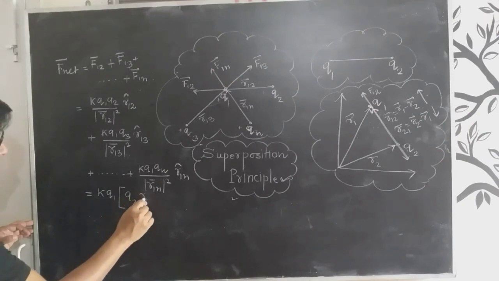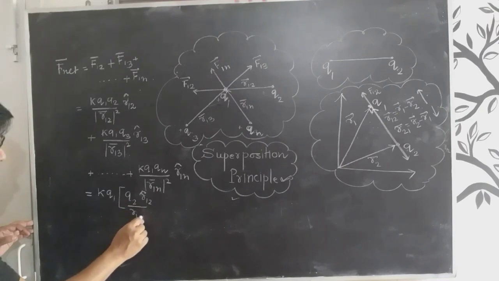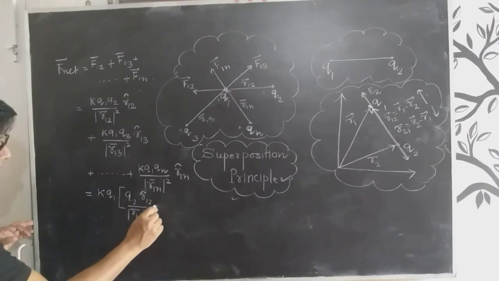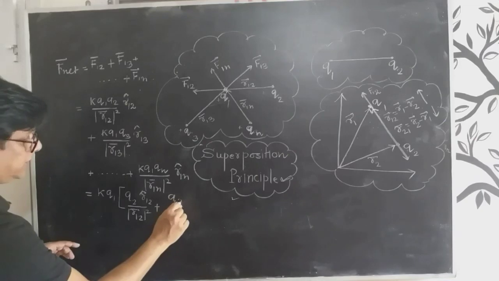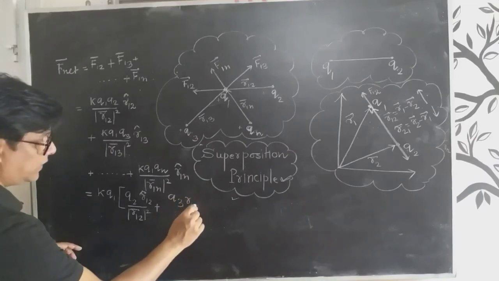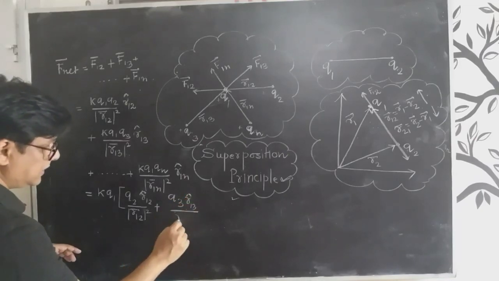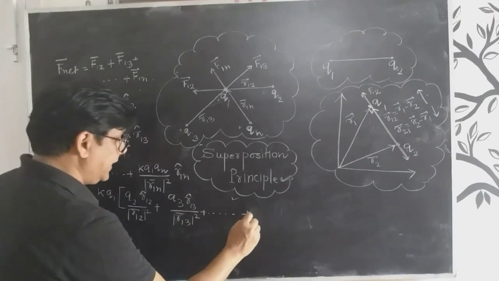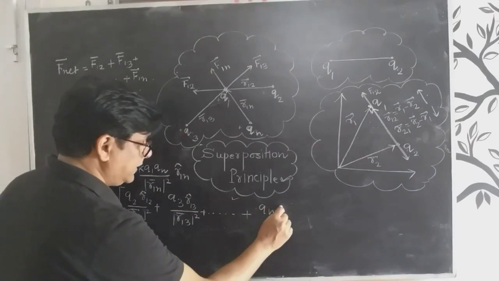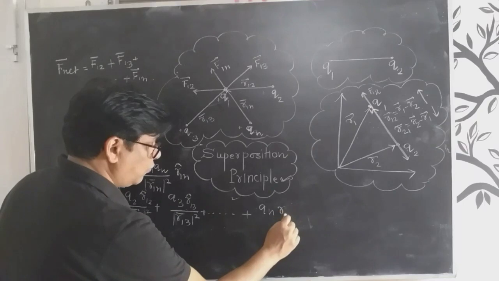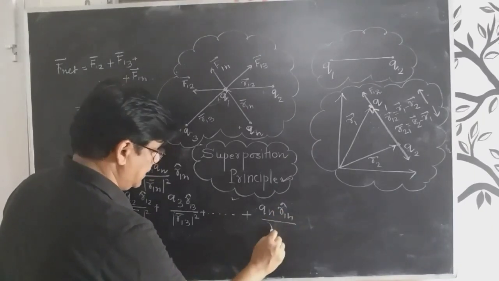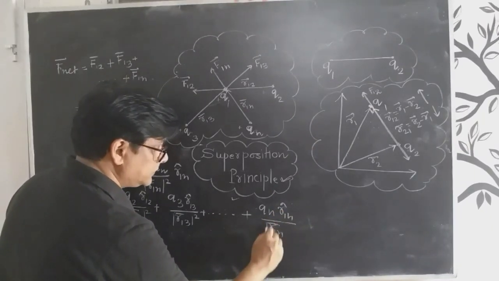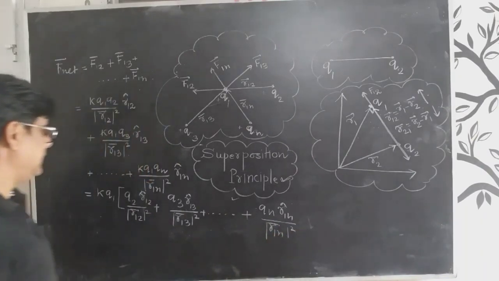Q2 over R12 vector square, plus Q3 over R13 vector square, like that. For n number of charges, Qn over R1n square, like this we can apply.